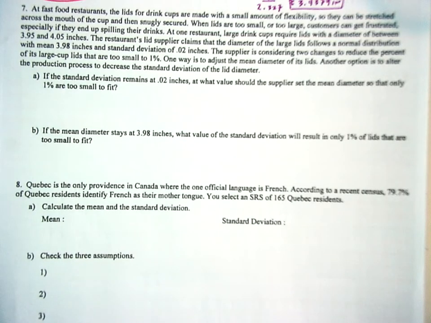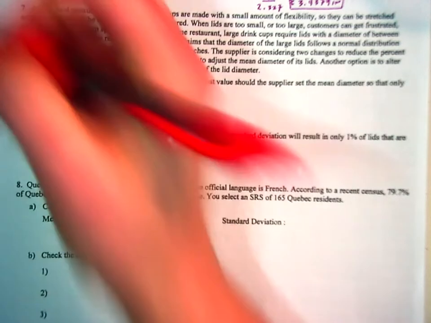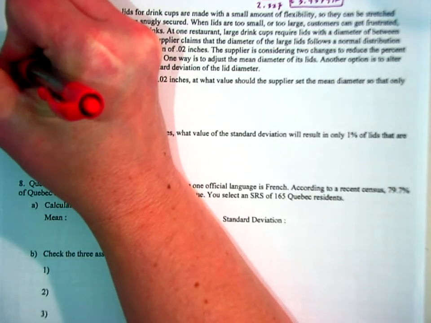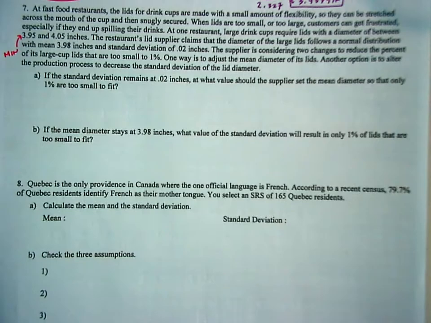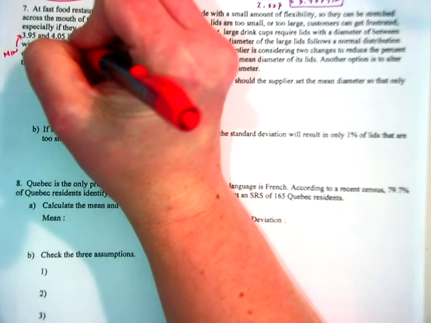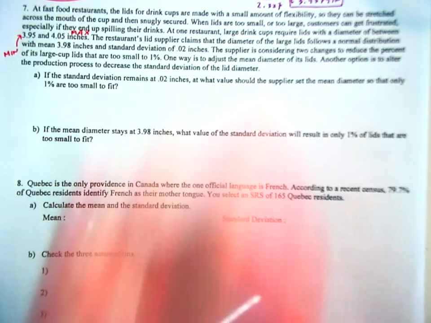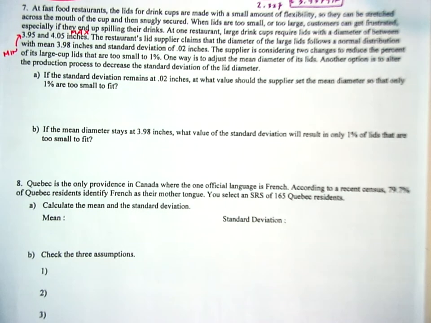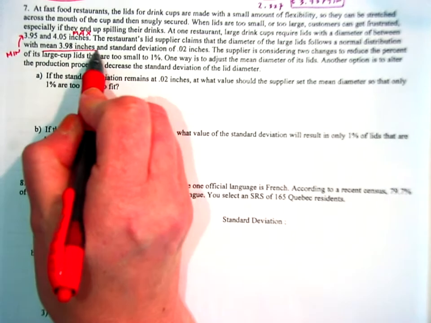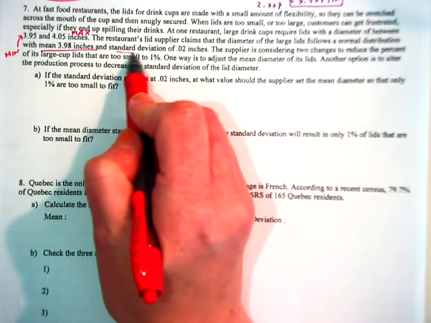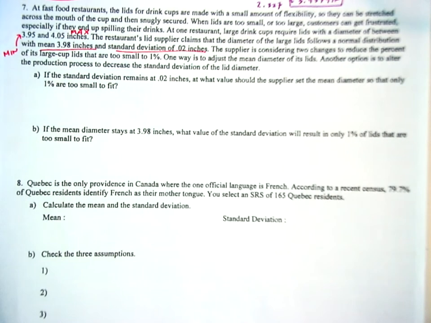At one restaurant, large drink cups require lids with a diameter of between 3.95, so that's the minimum, and 4.05, which would be the maximum, inches. The restaurant's lid supplier claims that the diameter of large lids follows a normal distribution with a mean of 3.95 inches and a standard deviation of 0.02 inches.